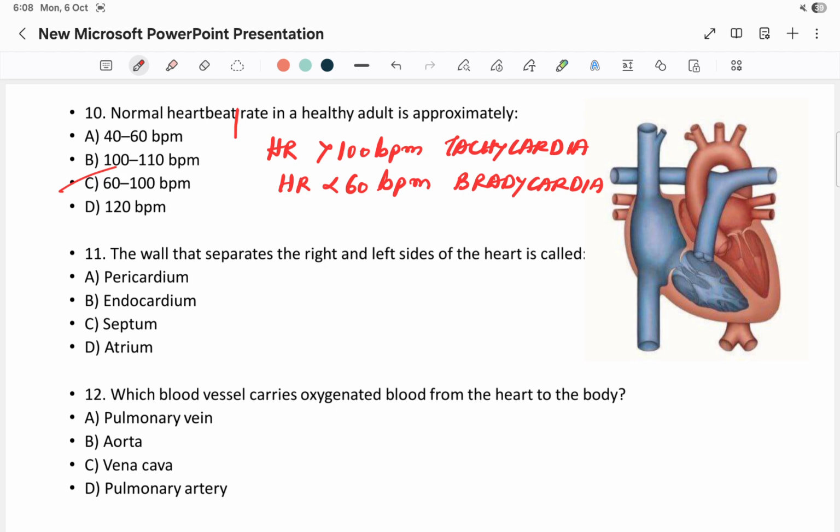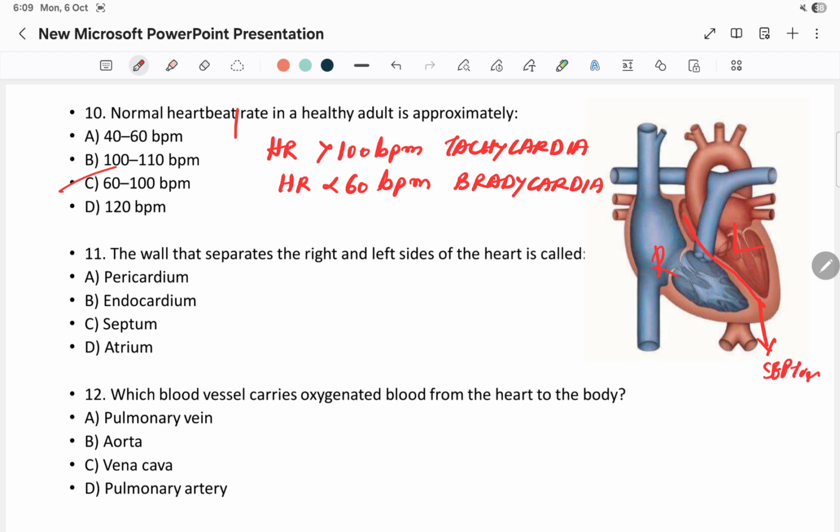Next question. The wall that separates the right and left sides of the heart is called. So our heart is divided into the right side and the left side, and here in the middle we can see there is a wall-like structure, known as the septum.